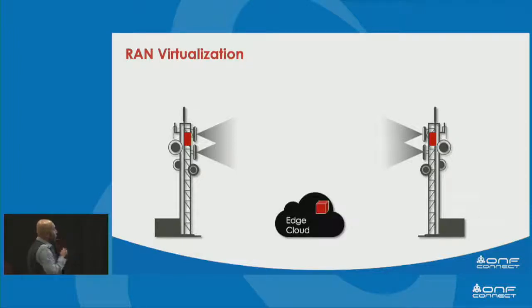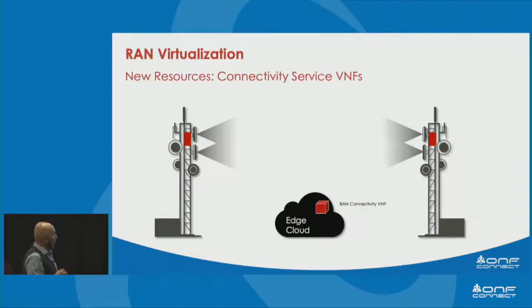First, I can disaggregate the software stack and virtualize it, right? That virtualized unit I could just call the RAN connectivity VNF. I'm simplifying it. It's ideally a CU, but let's label it as the VNF that provides my cellular connectivity. So for me, this is a services resource.